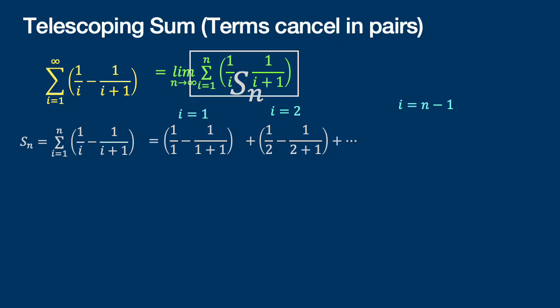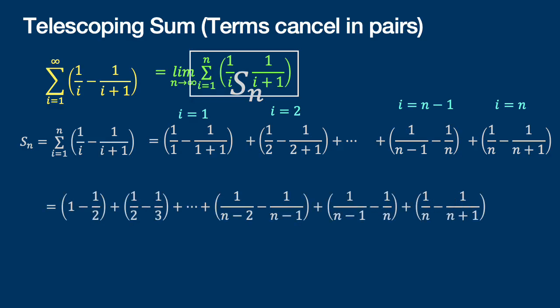For i equal n minus 1: 1 over n minus 1 minus 1 over n. For i equal n, the last term is 1 over n minus 1 over n plus 1. Now you see 1 minus 1 over 2 plus 1 over 2 minus 1 over 3, and so on, up to 1 over n minus 1 over n plus 1.